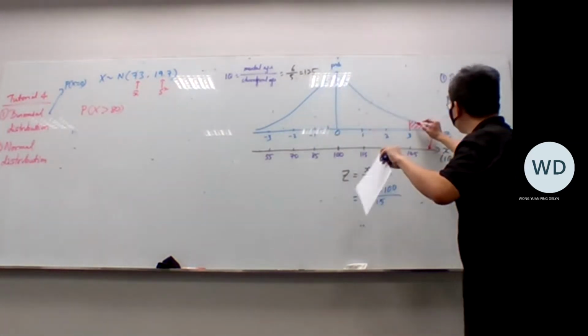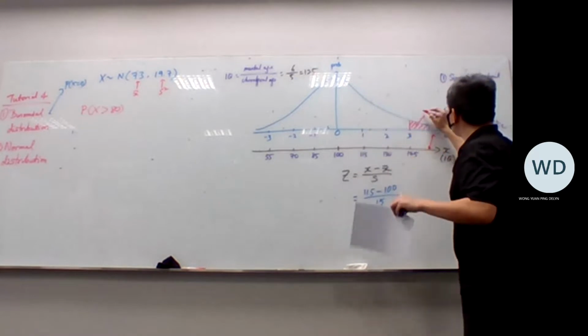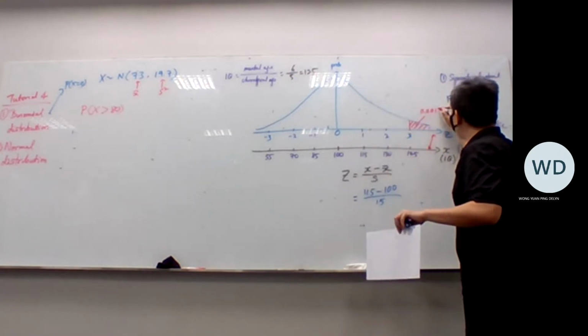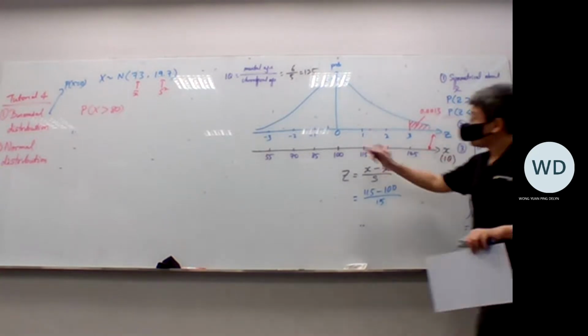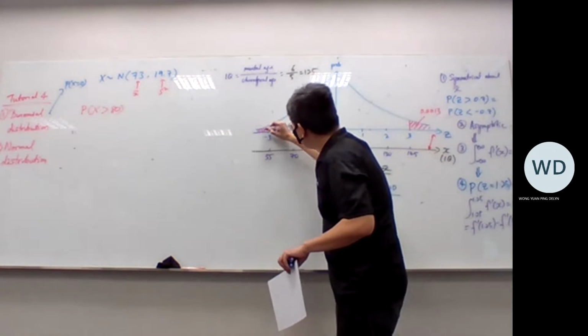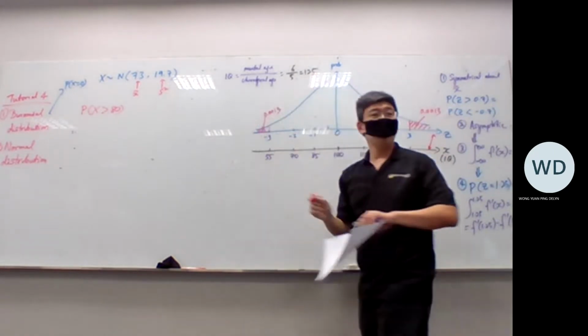The area here tells you that at 3.0 it is 0.0013, which means this other part is also 0.0013.